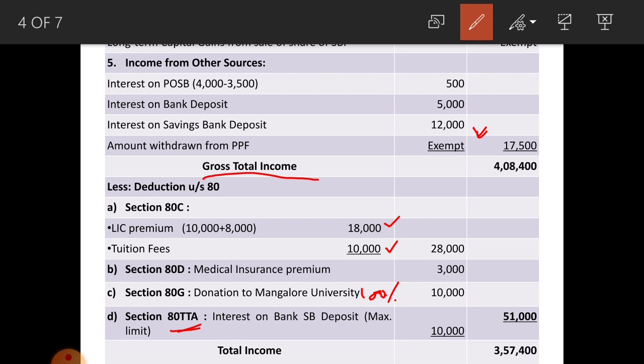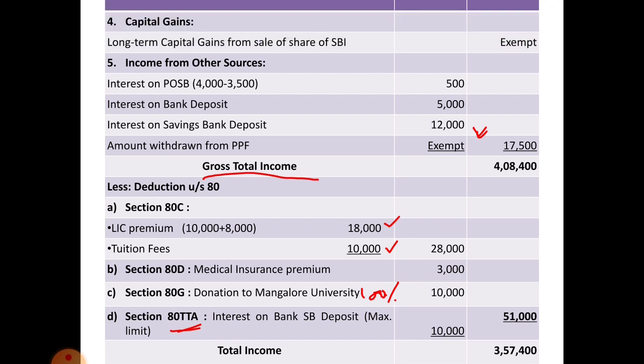And section 80TTA, interest on bank SB account, maximum limit is 10,000 rupees. Total of these items amounts to rupees 51,000. When you deduct these deductions from gross total income, you get 3,57,400 as total taxable income.